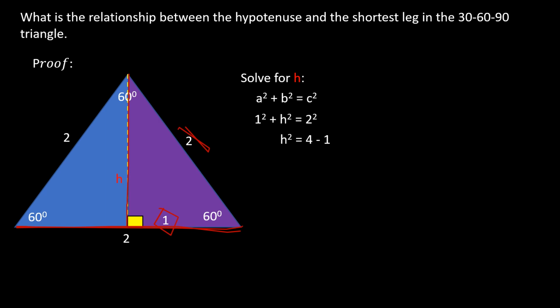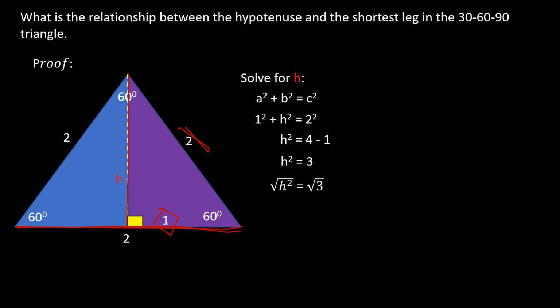Then manipulating the equation, we have h squared equals 4 minus 1, which simplifies into h squared equals 3, because 4 minus 1 is equal to 3.